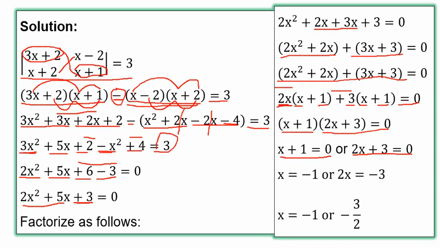If you transfer the constants plus 1 and plus 3 to the right hand side, you have s equal to minus 1 or 2s equal to minus 3. To get s from here, you divide both sides by 2. So you have s equal to minus 1 or minus 3 over 2. So this is the quick solution.